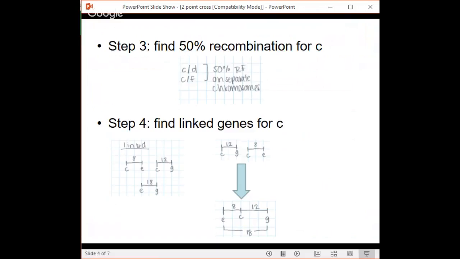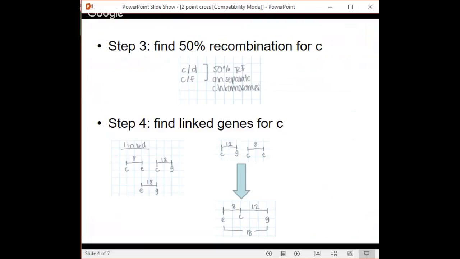Our third step is going to find the 50% recombinations for C. C and D obviously are 50%, and then C and F are 50%. So those are on separate chromosomes. And we already know A and B are on separate chromosomes because we just finished their linkage group. So we don't need to worry about that.